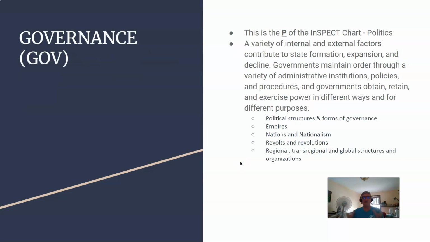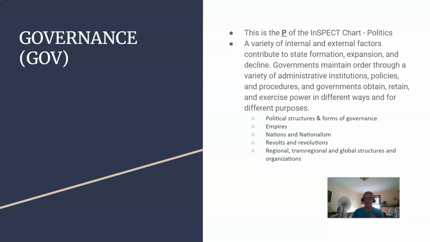Okay, next one is governance. This is the P of the InSPECT chart. This is politics. A variety of internal and external factors contribute to state formation, expansion, and decline. That's going to be a major topic of what we talk about. Governments maintain order through a variety of administrative institutions, policies, and procedures, and governments obtain, retain, and exercise power in different ways and for different purposes.